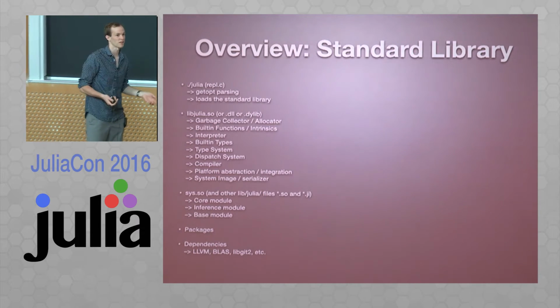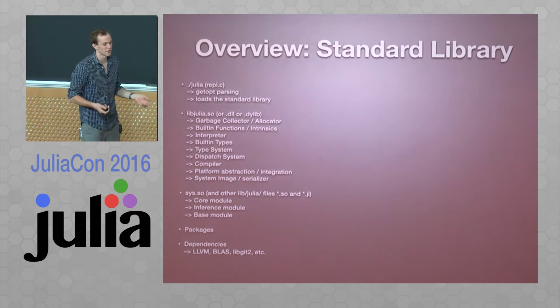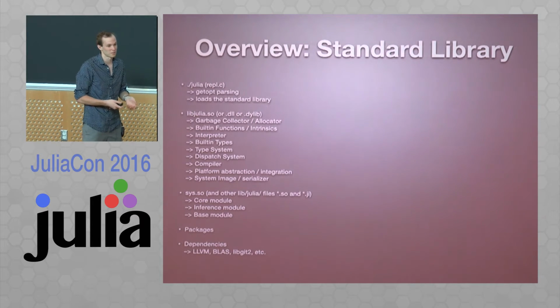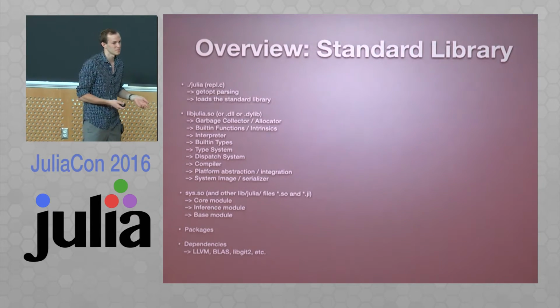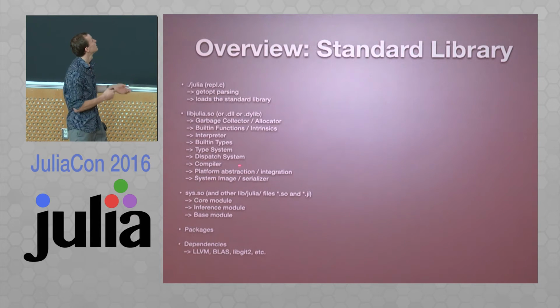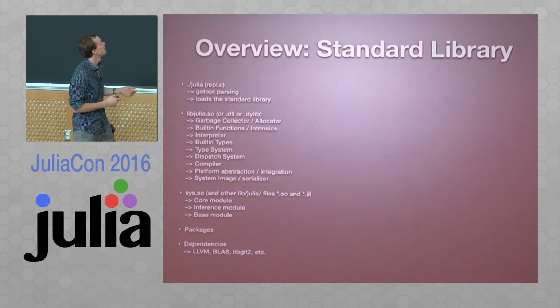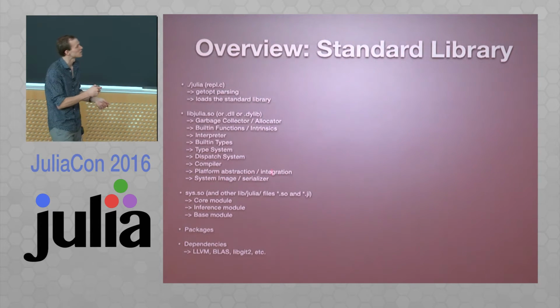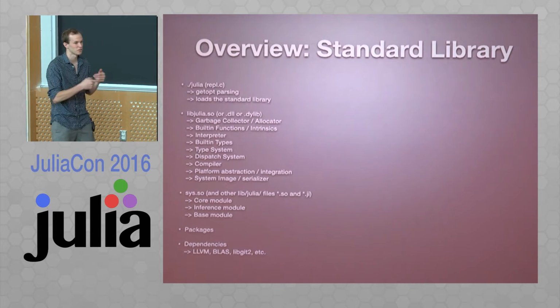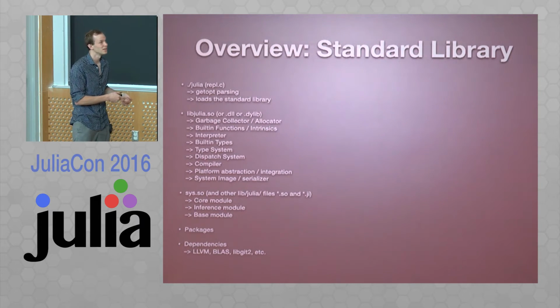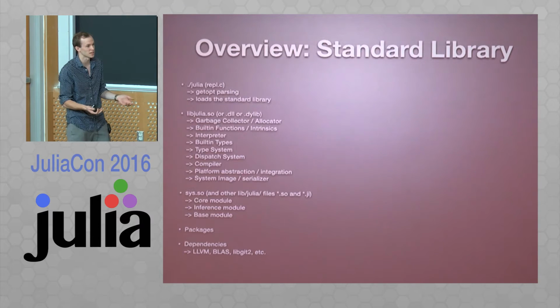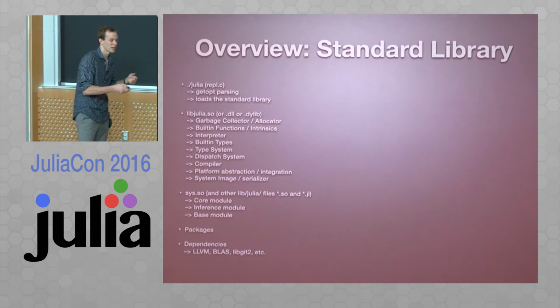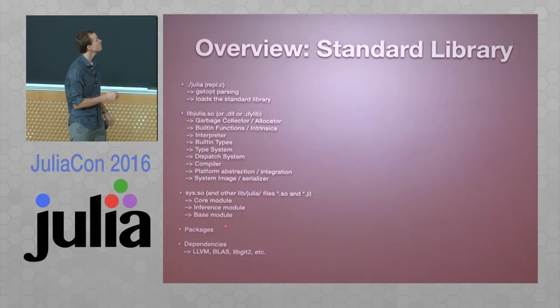We need to run on platforms that are written in C. The C header files are not platform agnostic, and the only way you can see them is by compiling a C file, so that has to be there. And then finally, it has the system image serializer, so it knows how to reload all of the code that you defined and saved into the sys.so file, and can reload everything that you've typed in at the previous session.